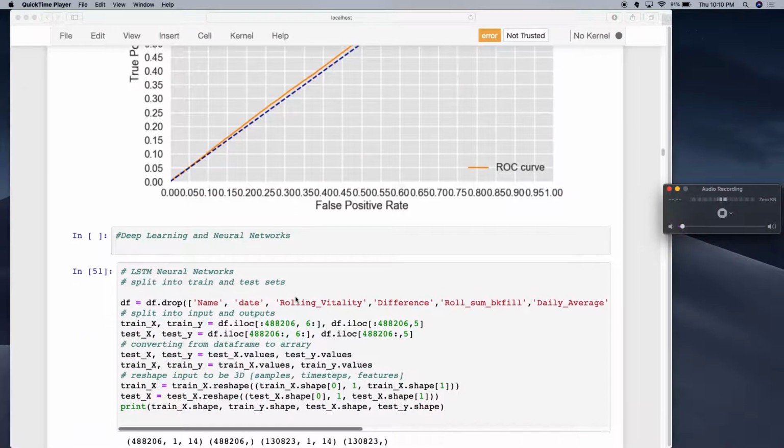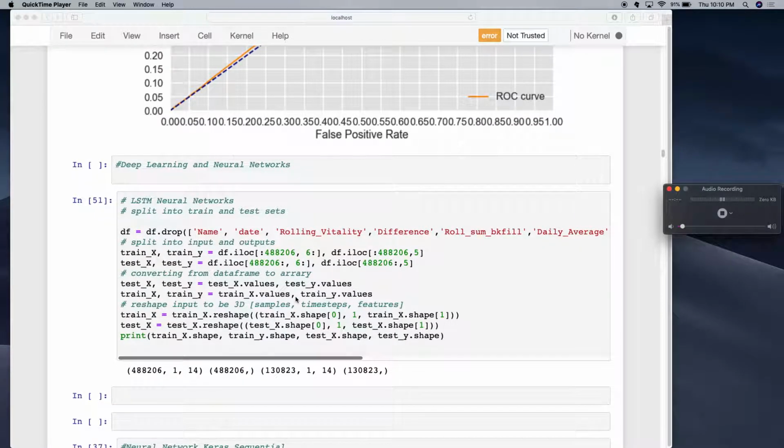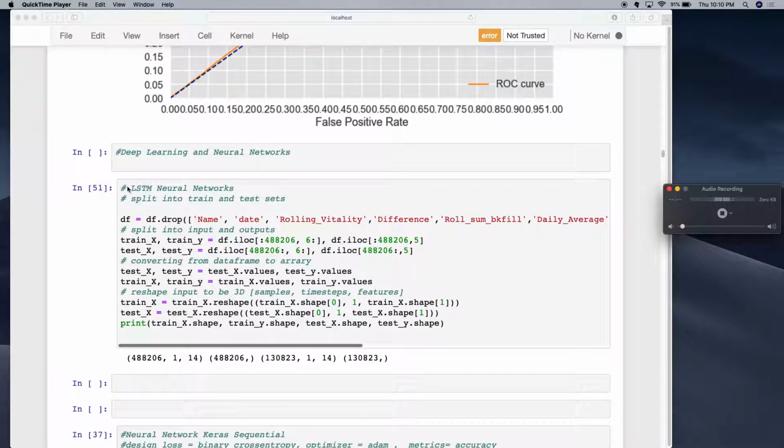Going into the deep learning, I used the LSTM neural network, or the long short-term memory. The reason for that was because LSTM is able to put a greater emphasis on events that happened in the recent past compared to things that happened at the very beginning of the data set.